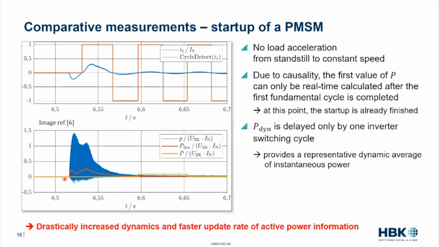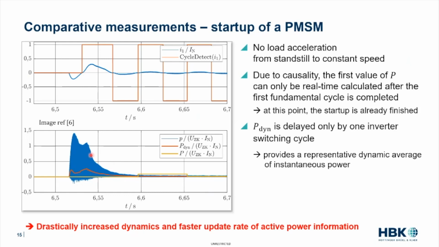After 50 milliseconds or so, the event is already over, the machine is already running, and you see a value in a power analyzer. The red trace, however, shows the power measurement based on the switching frequency.